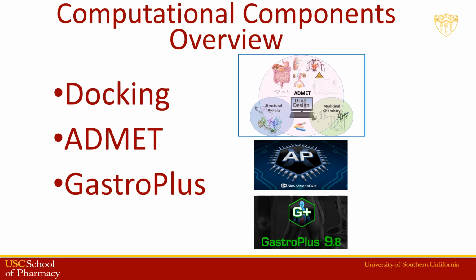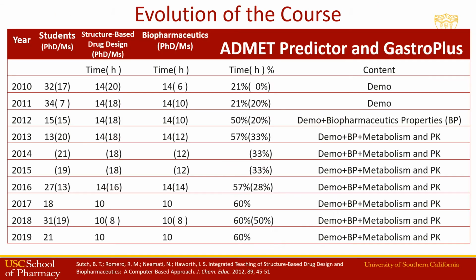We were initially hesitant to use GastroPlus and ADMET Predictor in our course, so we slowly introduced features more and more as we developed this class. Evolution of the class. So in this table, I'm showing you the number of years that we have taught this class, the type of students.